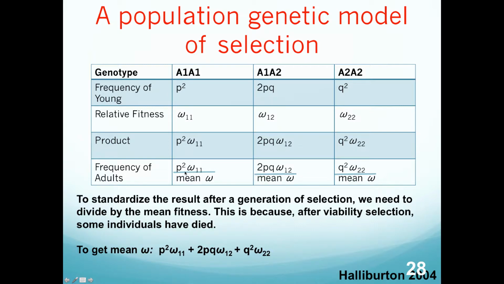So the frequency of A1A1 adults will be p squared omega 1,1 over the mean fitness. The frequency of heterozygotes in the next generation will be 2pq times the fitness omega 1,2 over the mean fitness, and the frequency of A2A2 adults in the next generation will be q squared omega 2,2 over mean omega.